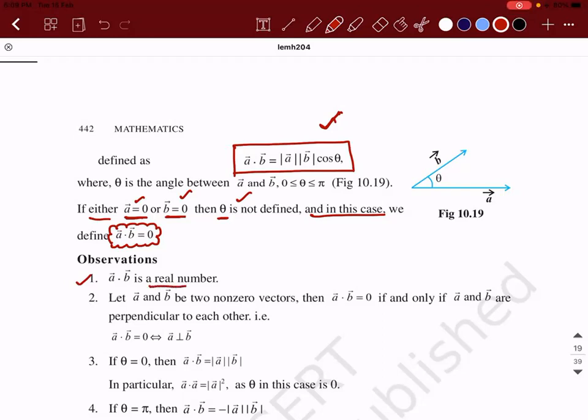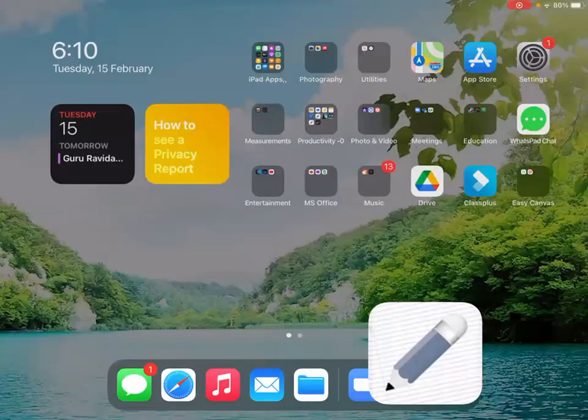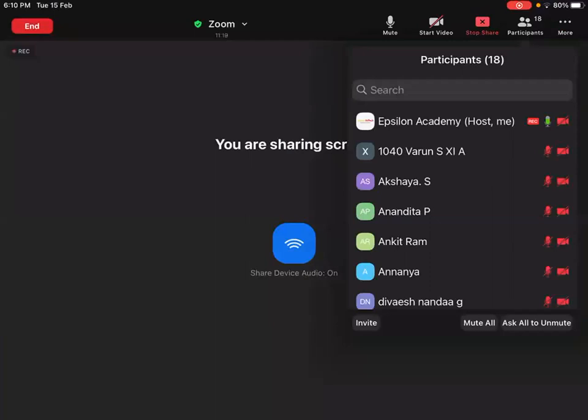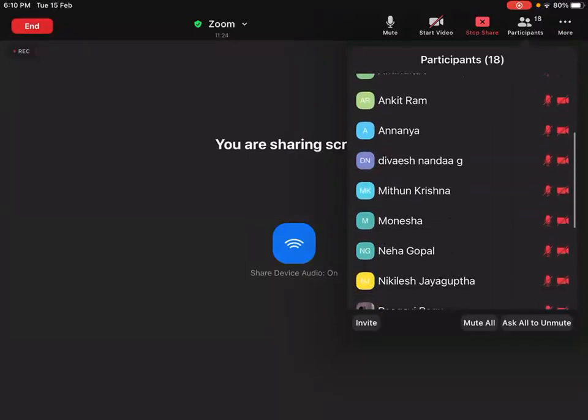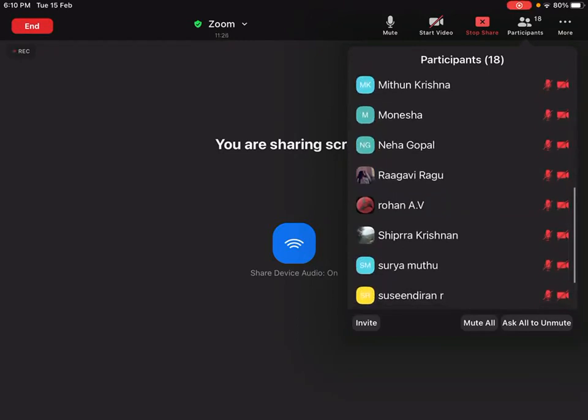Guys, tell me one thing. If you already know this exercise, I'm teaching with the assumption that you don't know this. If you already know this, I'll go a little faster and concentrate more on problems based on your inputs. What do you want me to do? Problems? You want me to go faster? I'll go to problems. Yes, sir.